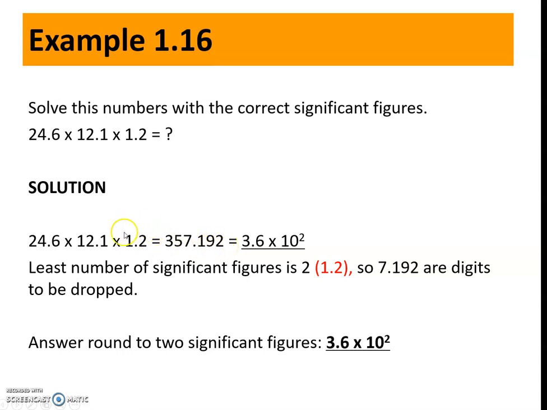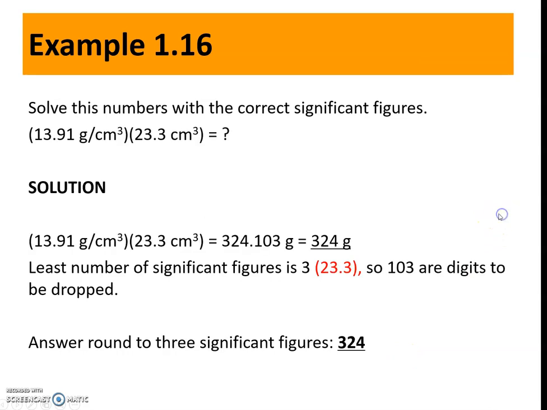However, as you can see, the number with the least significant figures is 1.2, which is 2 significant figures. This one has 3 significant figures. This one has 3 significant figures. So that's why your final answer, the correct one, is 3.6 times 10 to the power of 2, because it has 2 significant figures.